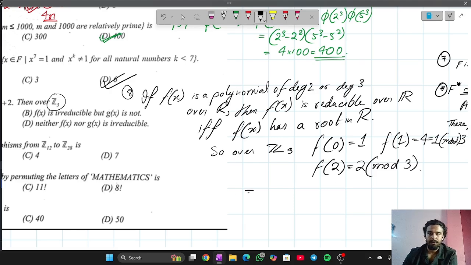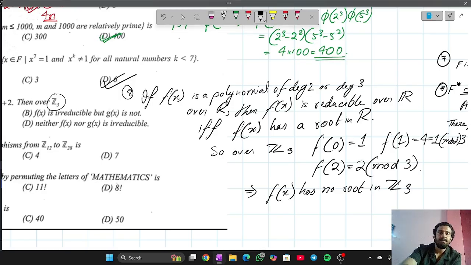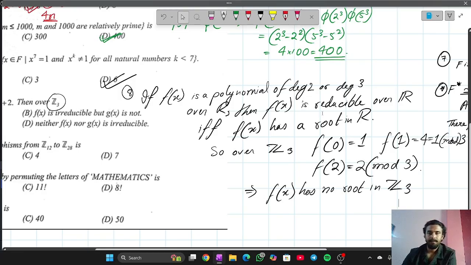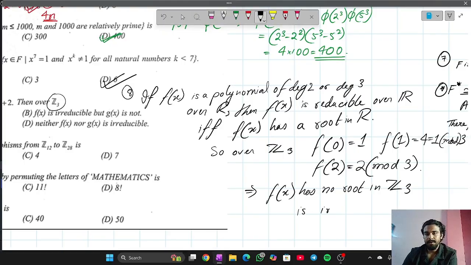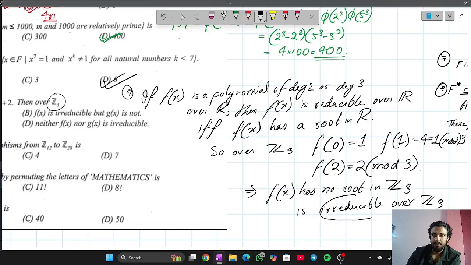Okay, therefore f(x) has no root in Z3, and therefore f(x) is irreducible over Z3. So f(x) is irreducible.